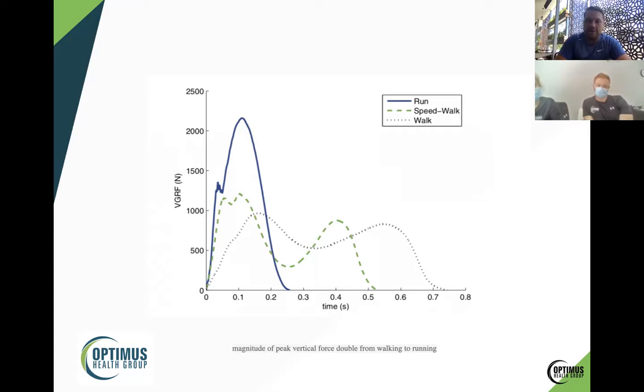Now, a lot of the time their body and tissues are capable of absorbing those forces, and that's why they run with no problems. But especially at Optimus, we like to be measured, evidence-based and really clinical, meaning we measure things and progress as we hit certain markers. Any questions on that so far?